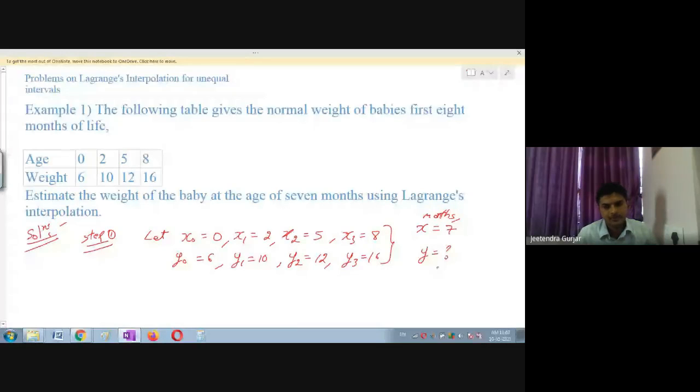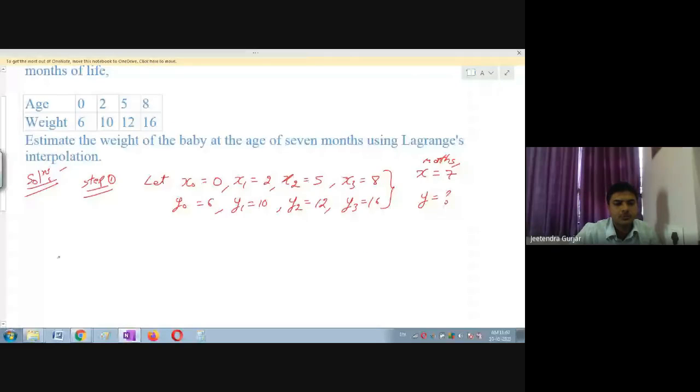Can you tell me which formula I have to use? Lagrange's interpolation formula or Lagrange's inverse interpolation formula? Step 2: choose the formula. Yes, students, you can see very easily. I don't know y, which means I have to write y is equal to f of x.